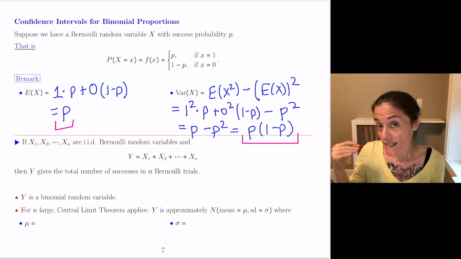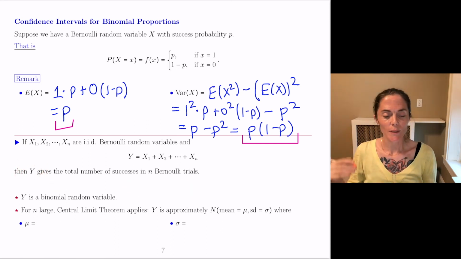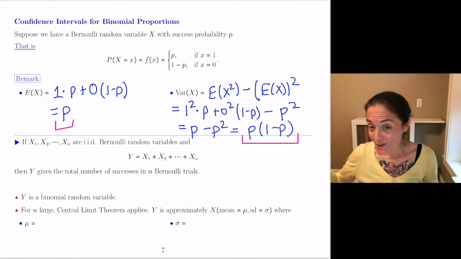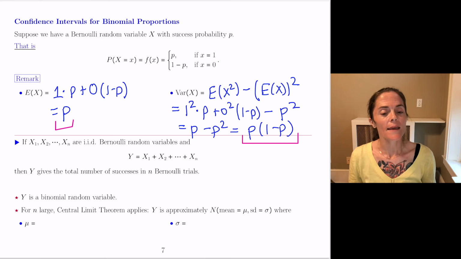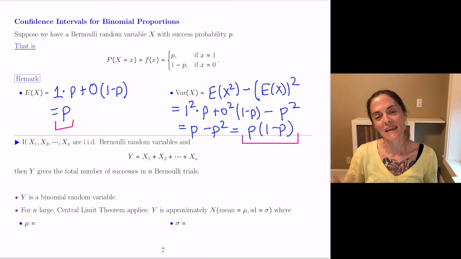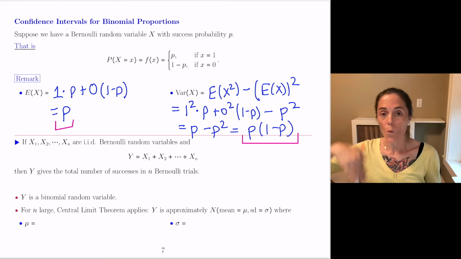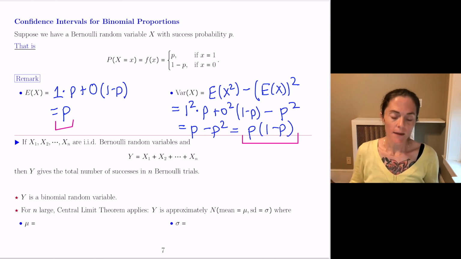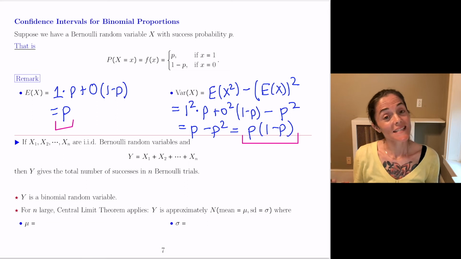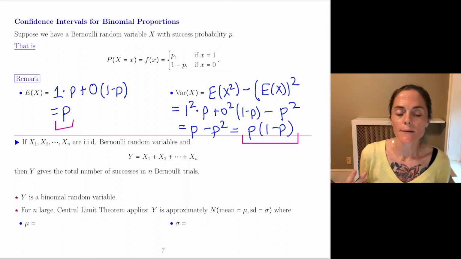It gives us the number of successes in these n Bernoulli trials. Have we talked about this before? Absolutely, we have. Capital Y is a binomial random variable. So we have success with probability p, failure with probability 1 minus p, and then capital Y is the number of successes out of these n trials.